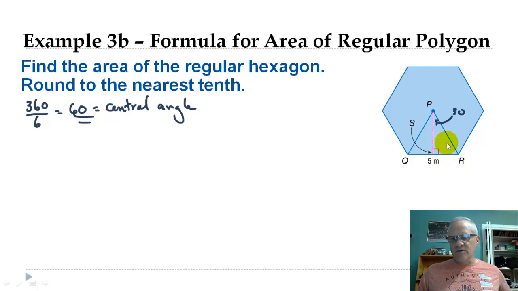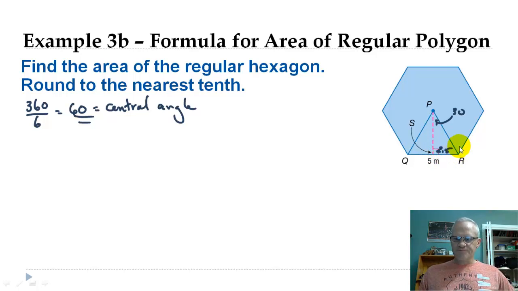We know some things about right triangles, don't we? First thing that we know is if we draw this apothem, it also splits this side into equal parts. So if the whole thing is 5, just this part here is what? 2.5, right?